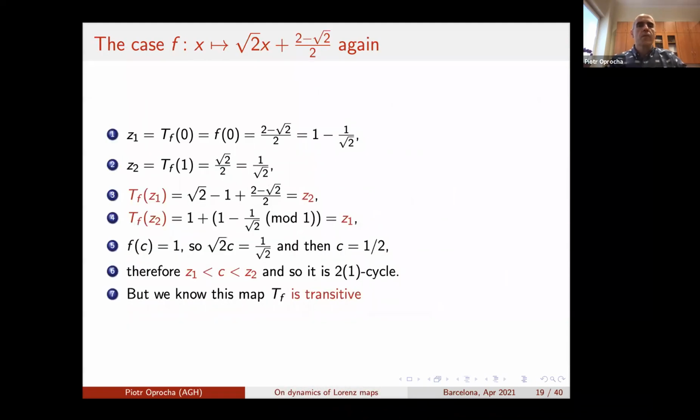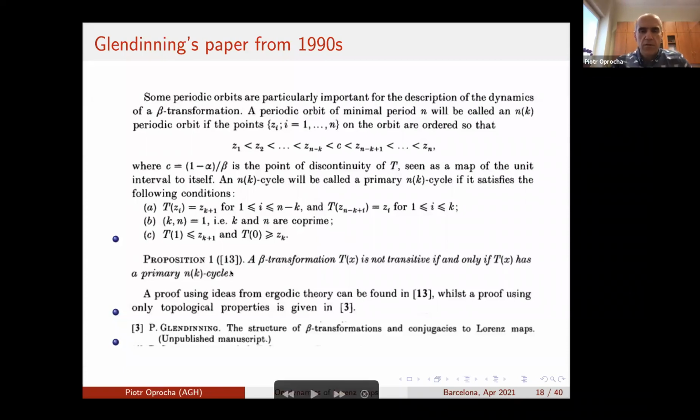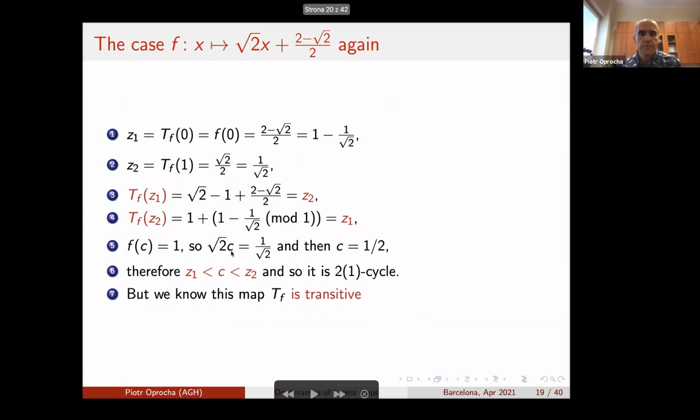All right. So just to digest it. It says, okay, transitivity or lack of transitivity means exactly that I cannot find this primary NK cycle.